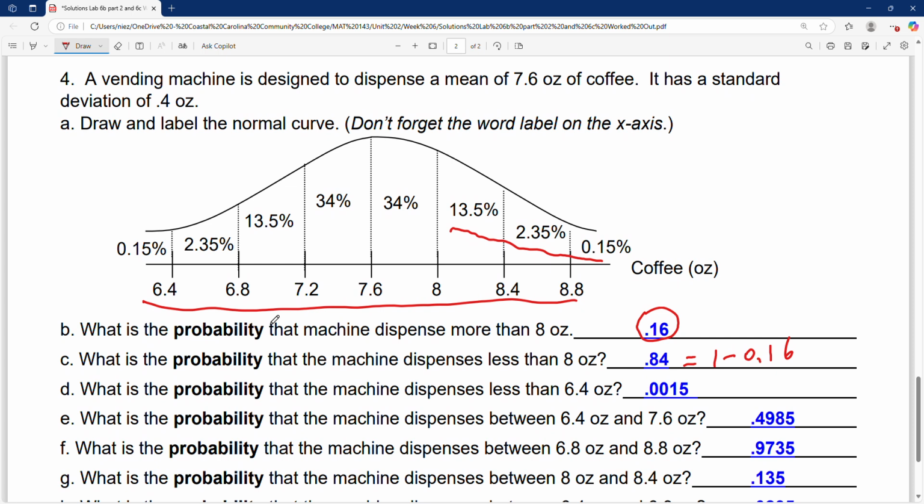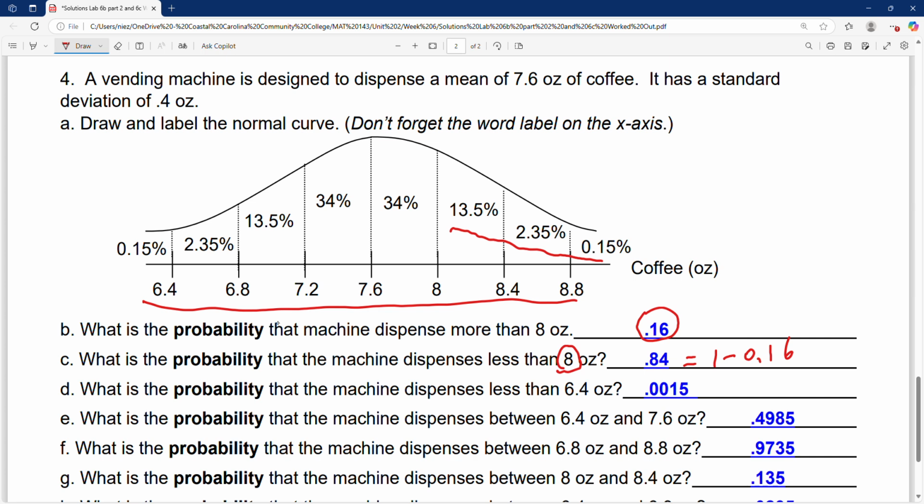Some of you may ask, what's the percentage of exactly 8 ounces? It's 0. Just imagine, it's very hard to get exactly 8 ounces, I mean exactly, no decimals. 8.00001 is not exactly 8 ounces, so you can think it's impossible.